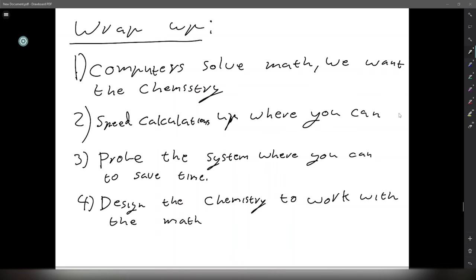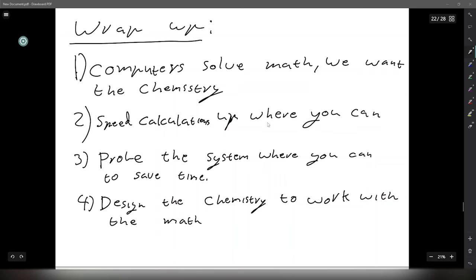We need to, one, tell the computer the best way possible to get the chemistry. And secondly, we need to tell the computer how we want the maths to work so that we can get the chemistry we want. We also want any values we get from the computer to be chemically valid, and that's something we have to consider whenever doing these kinds of things.